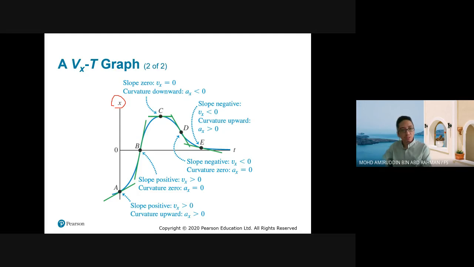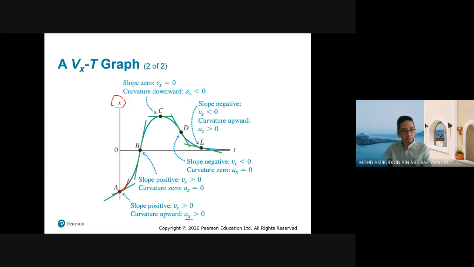So we have the slope positive, where Vx, the velocity, is positive, and the curvature is upward, so acceleration is positive.